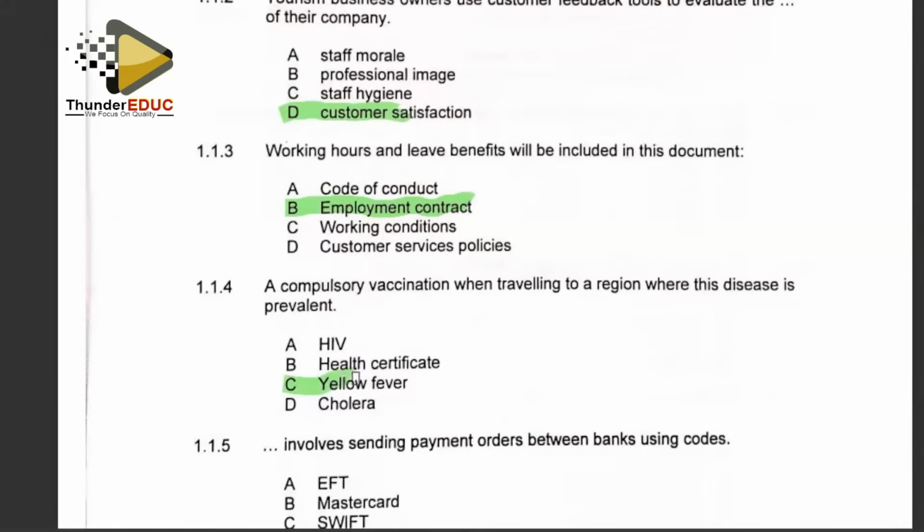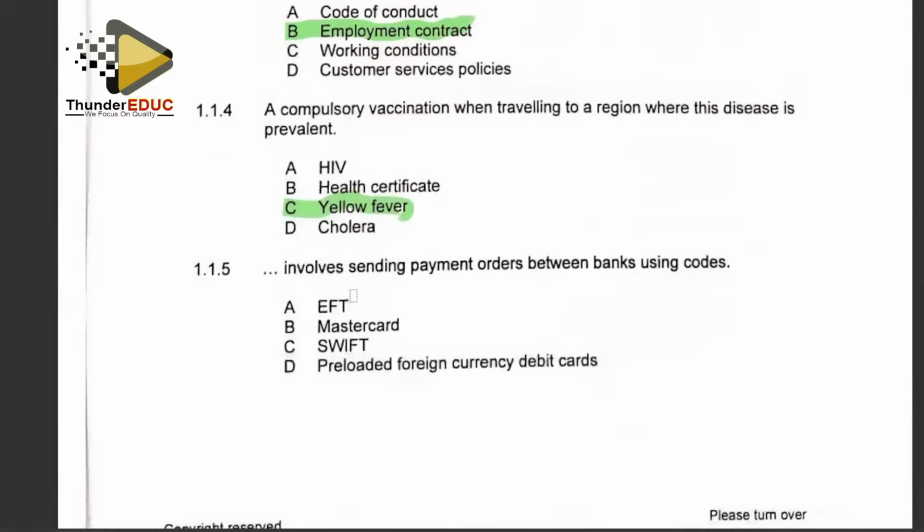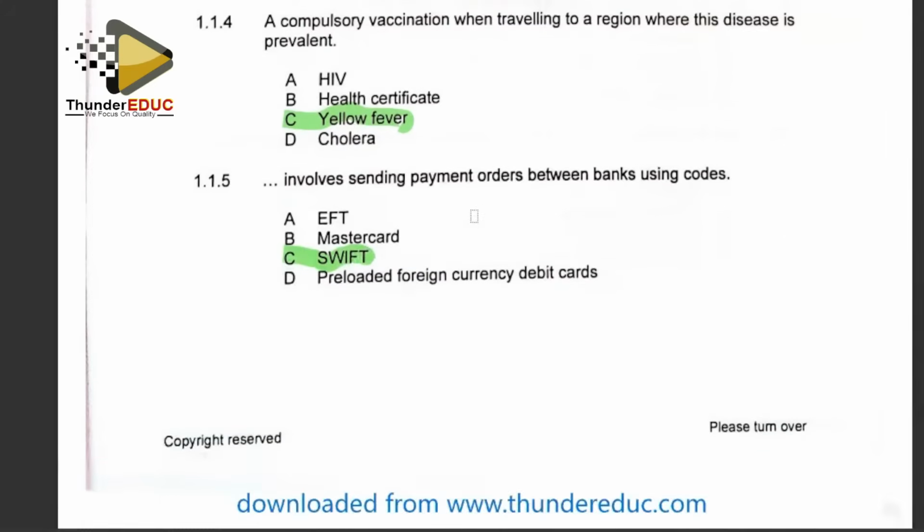For example, if you are traveling to Central Africa or West Africa, you need to be vaccinated against yellow fever. Then 1.1.5, this involves sending payment orders between banks using codes. That method of payment is known as SWIFT, which is letter C.